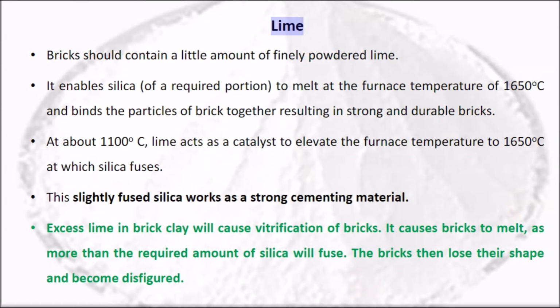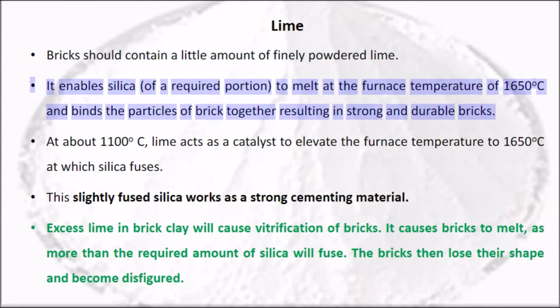Lime. Bricks should contain a little amount of finely powdered lime. It enables silica, in a required portion, to melt at the furnace temperature of 1650 C and binds the particles of brick together, resulting in strong and durable bricks.